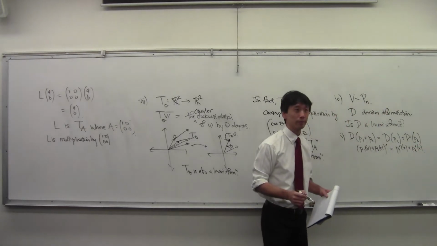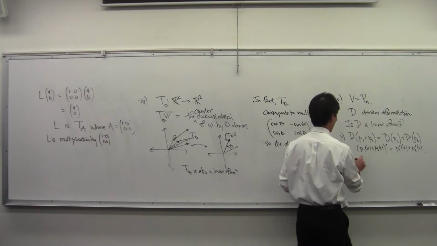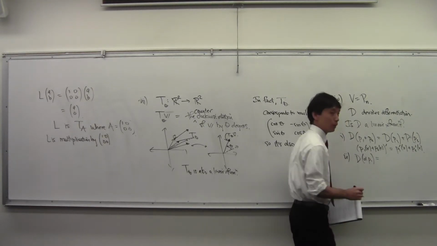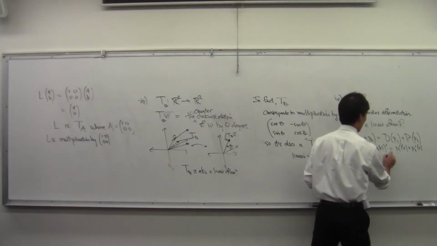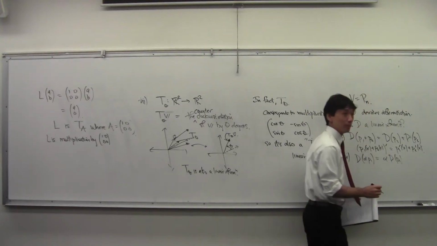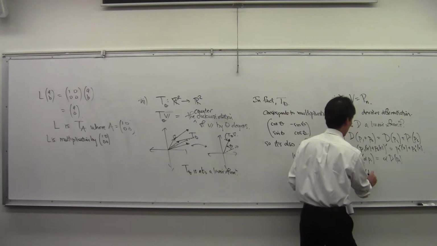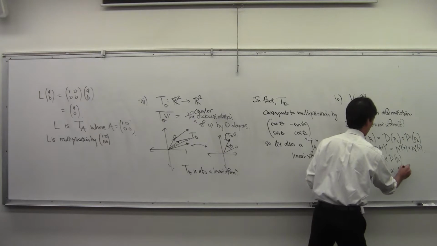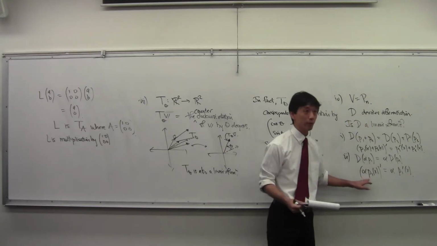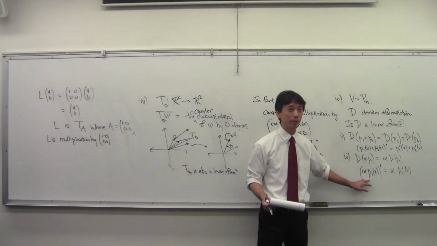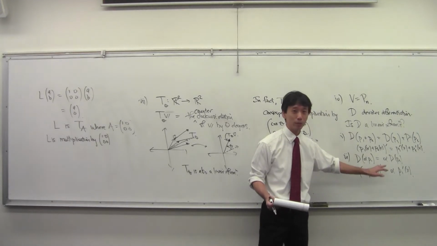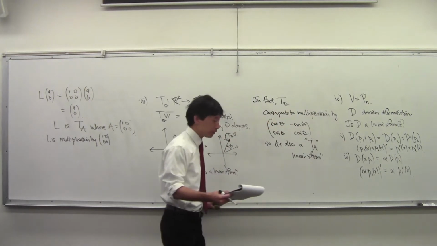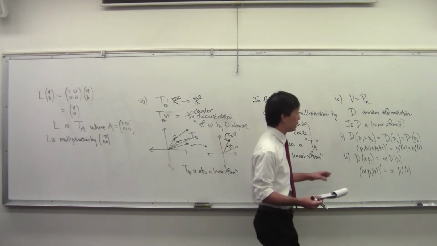Number 2, even easier: is it true that the derivative of a multiple of the polynomial is the multiple of the derivative of the polynomial? Yes, absolutely. I can pull the scalar out of a differentiation. The derivative of 5 cosine is 5 times the derivative of cosine. So yes, this is a linear transformation.